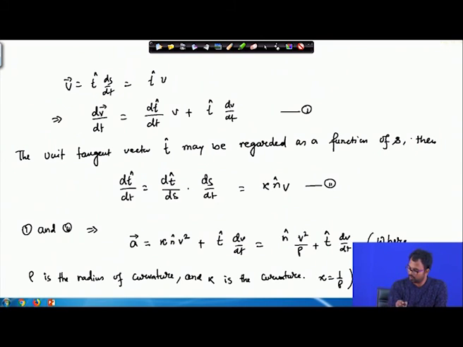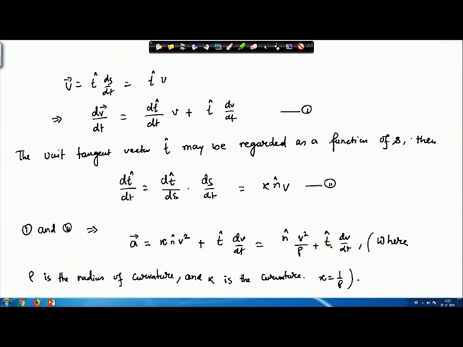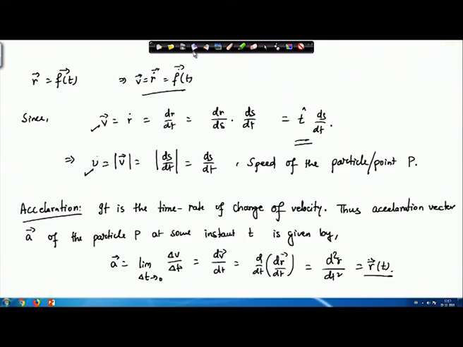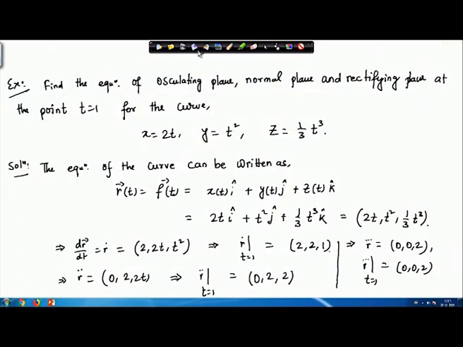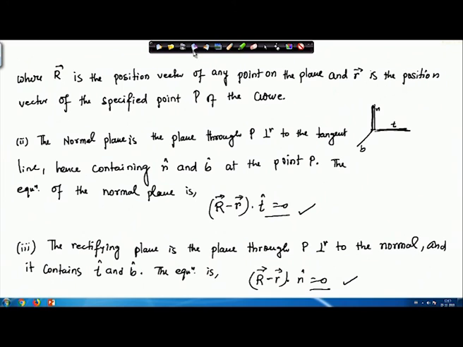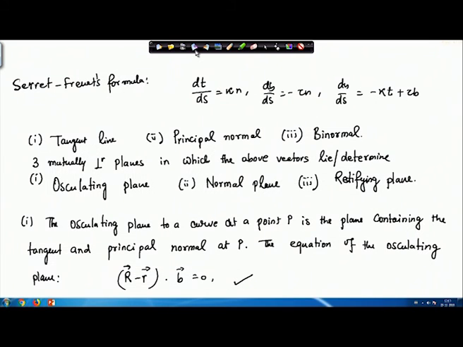You can see the acceleration vector can be written as the combination of n cap and t cap. So, basically the acceleration vector is given as the linear combination of the normal and the tangent vector.